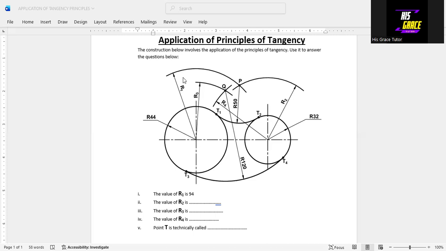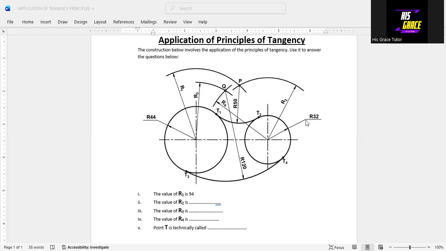So for R1, you add the radius of this circle, 44 millimeters, and the radius of this arc, 50 millimeters. You add them together, and that gives us 94 millimeters. I already put 94 millimeters here. Then to get R2, we add the radius of this circle, 32 millimeters, and the radius of this arc, which is also 50 millimeters. We add them together, and that gives us 82 millimeters.